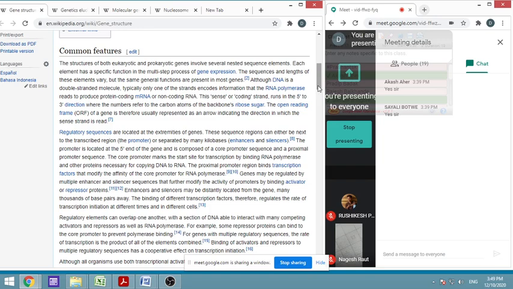These enhancers and silencers may be distantly located from the gene, maybe thousands of base pairs away, but whenever the time comes, they will do their job accordingly. Binding of different transcription factors therefore regulates the rate of transcription initiation at different times and in different cells.